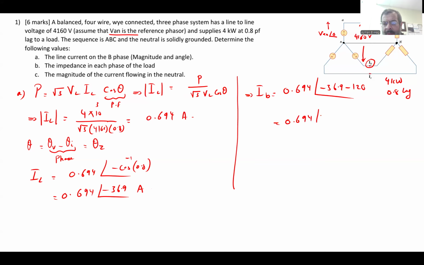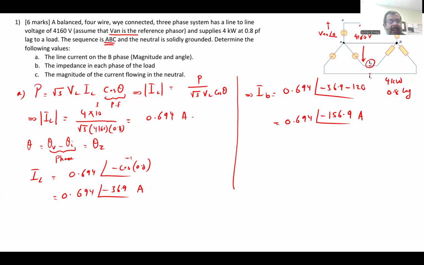So IB is 0.694 angle of minus 156.9 amps, because it's an ABC sequence. Phase B is minus 120 from phase A, and phase C is plus 120, or minus 240, from phase A. So that is the first part.